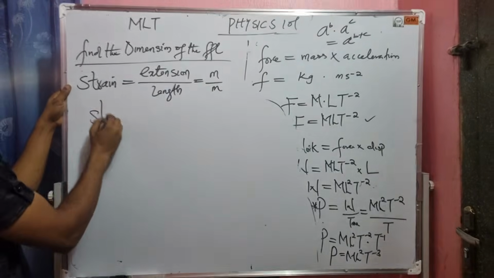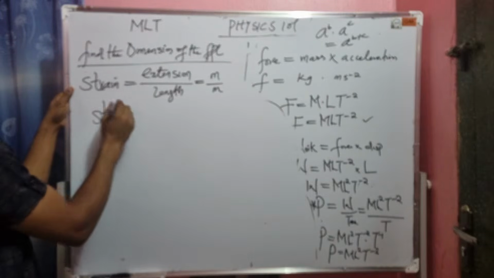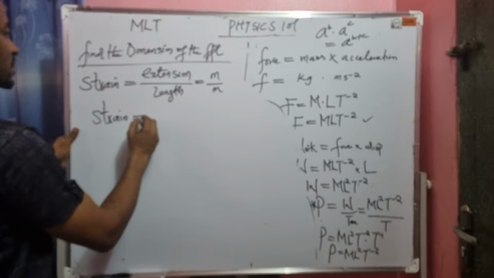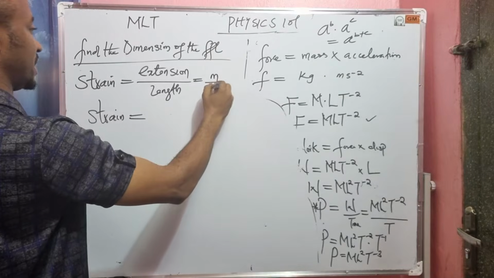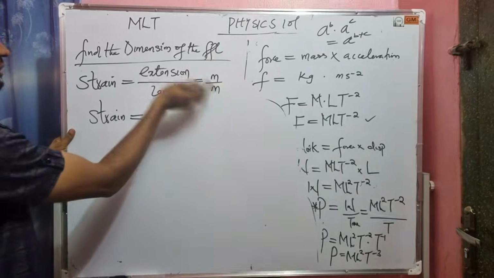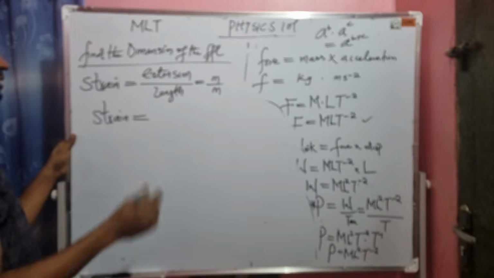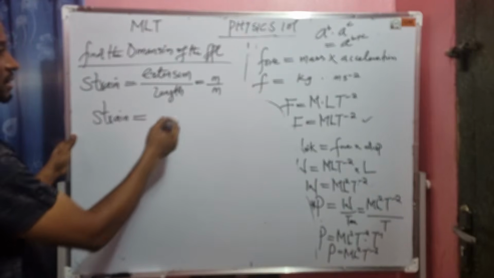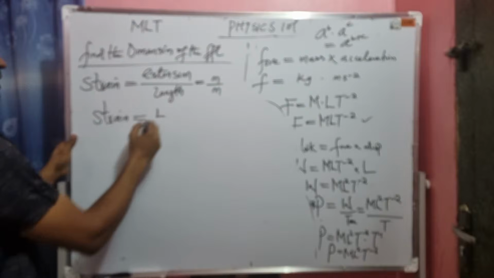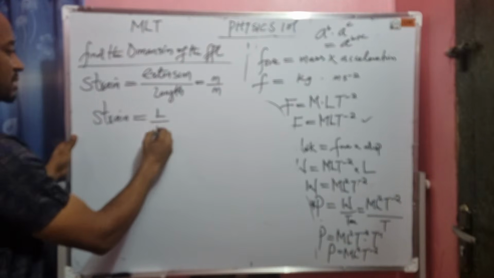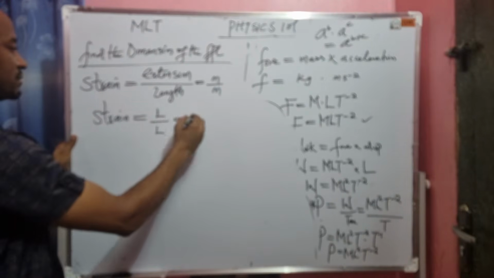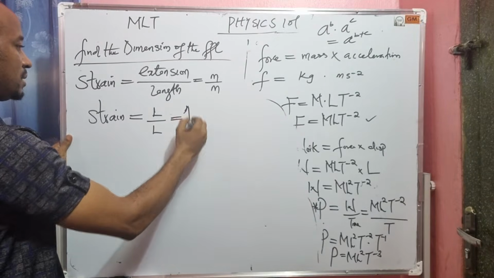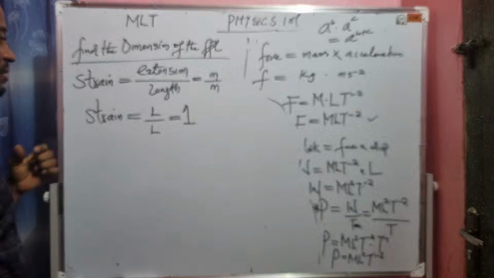So our strain has no dimension, because the dimension for meter is L, so L over L. We can just cancel that L, and that will give us 1. But let's express it: L over L, the result becomes 1. So strain has no dimension.